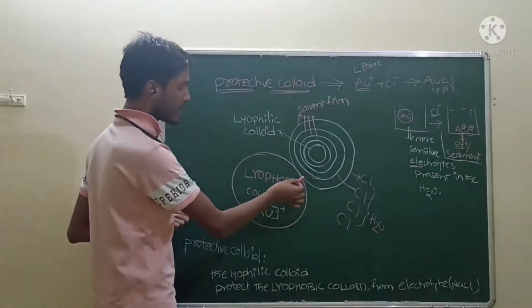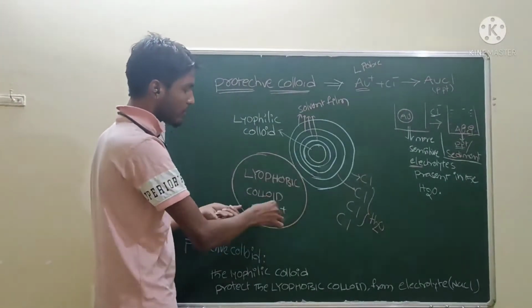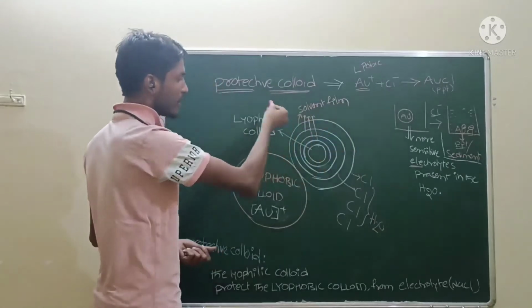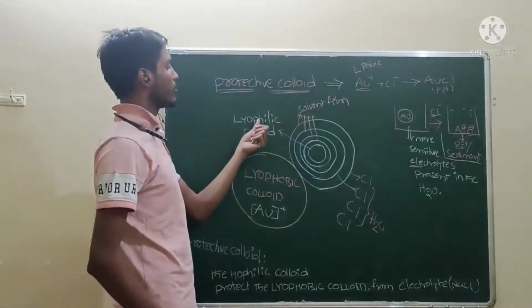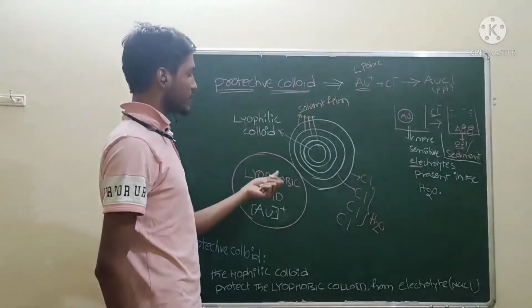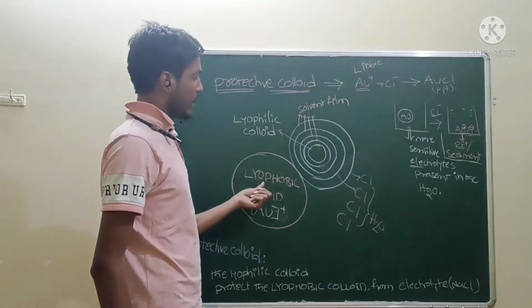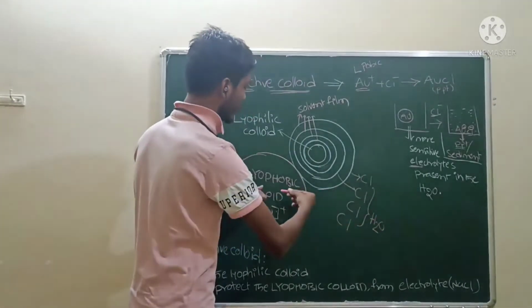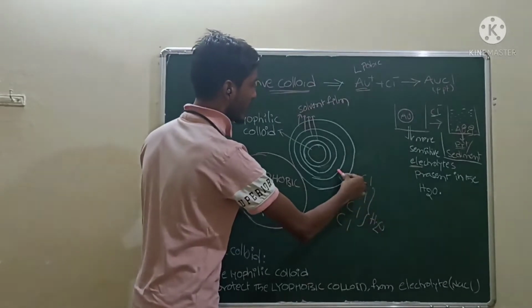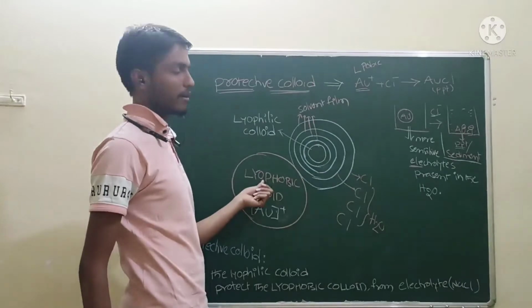So they are not attacking the lyophobic colloid directly, because the lyophobic particles are continuously surrounded by these lyophilic particles. So in order to touch the lyophobic particles, the electrolytes present in the water first need to attack the lyophilic particle, and then they will attack the lyophobic particles.